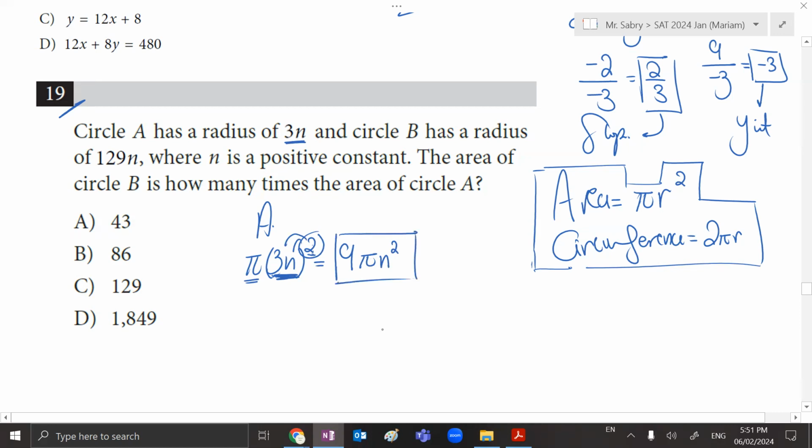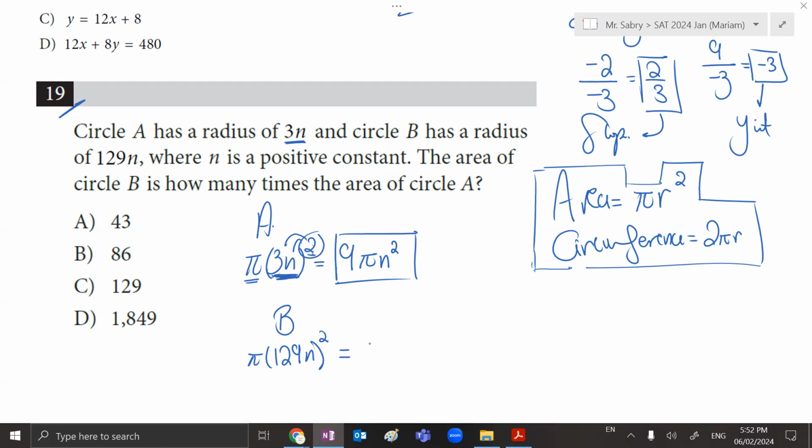Understand? Yes. Sure? Yes. Then what will circle B be? 129 squared. We can calculate this on the calculator, 129 to the power of 2. Yes. Pi. It's gonna be 16641 and pi.